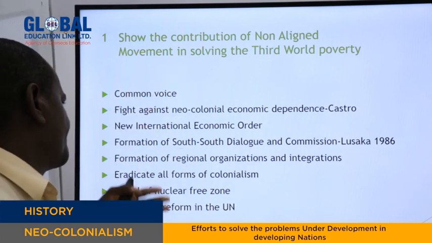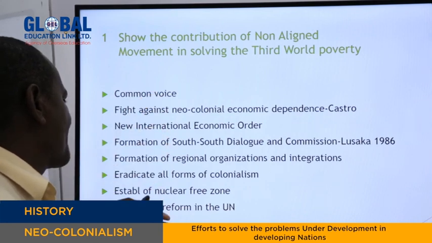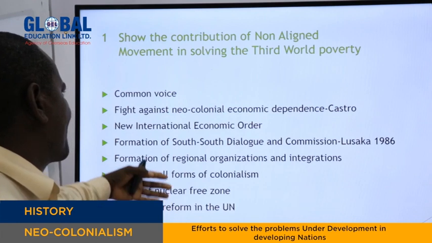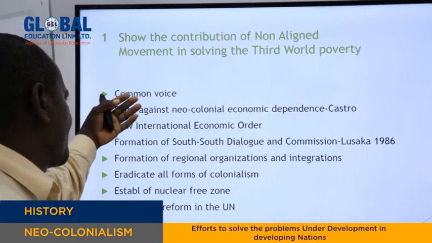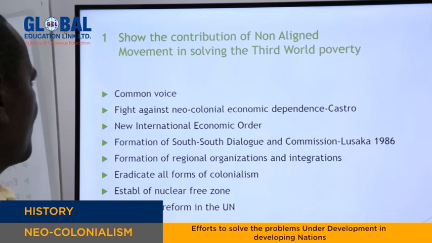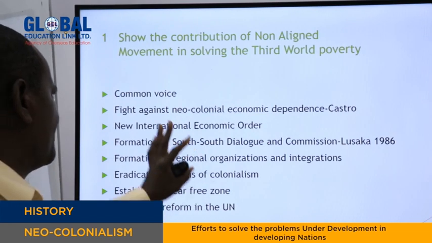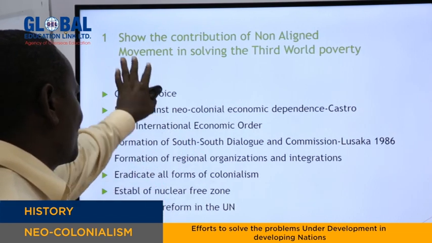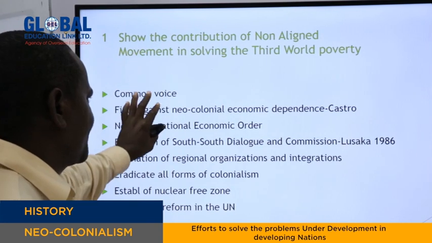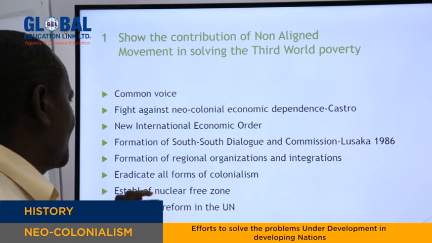Here we have the answers, but I'm going to go very quickly because you already know them, and I have already explained these answers in detail during our studies. But my dear students, remember, this is an essay question and it has 3 parts: an introduction, a main body, and a conclusion.